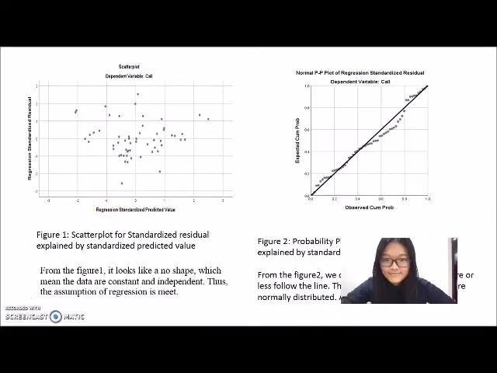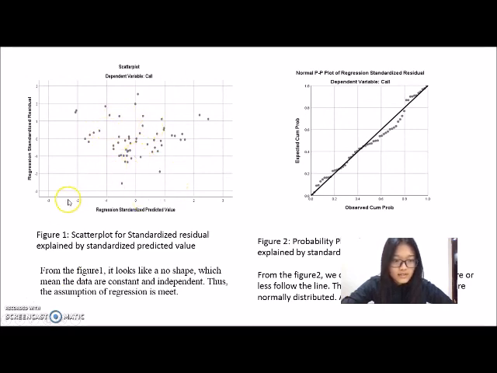Regarding the questions, there are 4 assumptions for residual analysis. The first is that the underlying relation is linear, and the errors are independent, with constant variance and normal distribution. From here we will do the scatter plot to show that the residual is constant and independent.